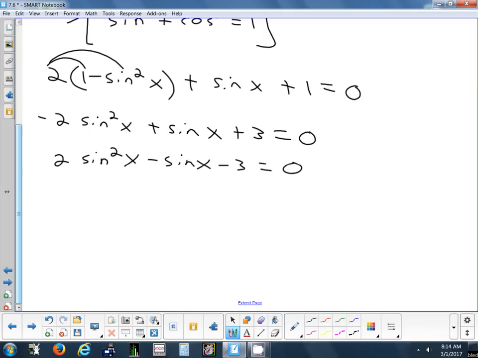All right, now I want to see if I can factor that. If I can't, I'll use the quadratic formula, but I think that's going to factor. What would be my first term in the parenthesis on the left? Yep. 2 sine x, and my first term in the parenthesis on the right. Sine of x.